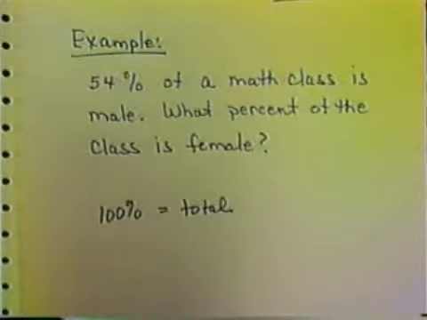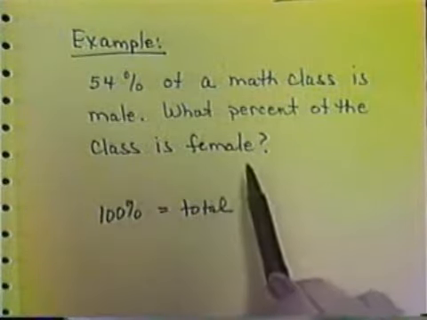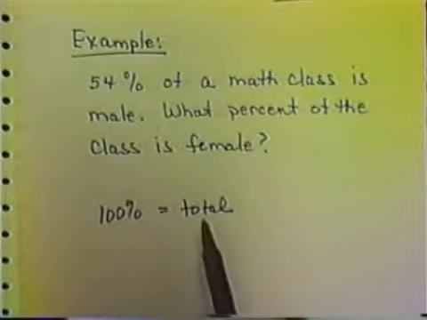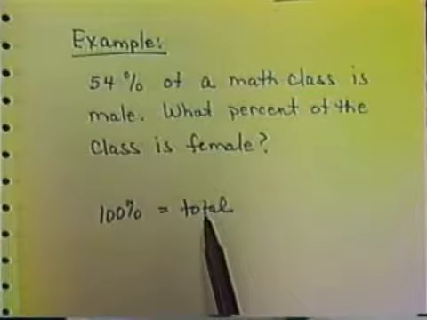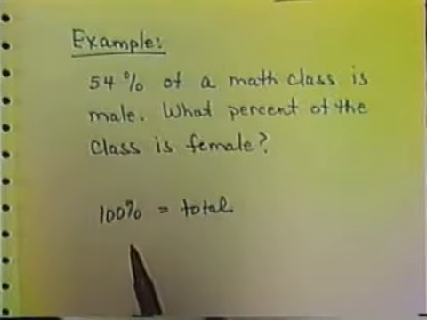And if we assume that there are only males and females in the math class, I hope that's a safe assumption, if 54% are male, then how are we going to determine how many are female?